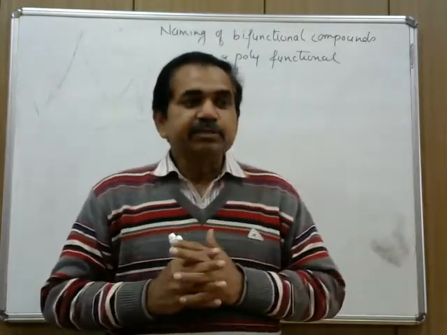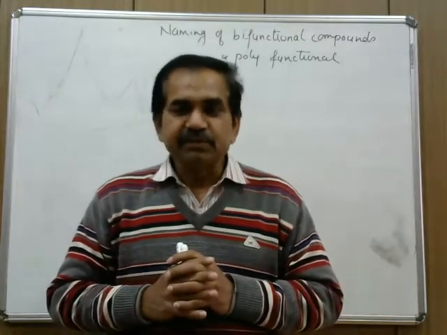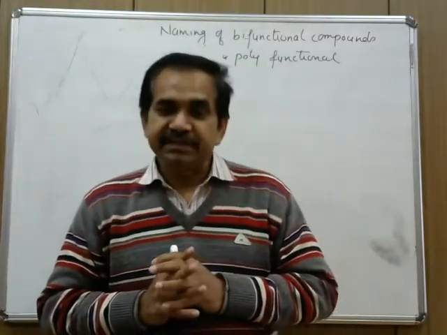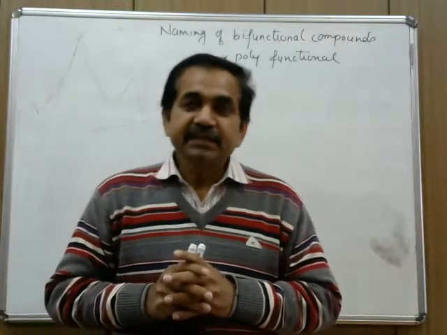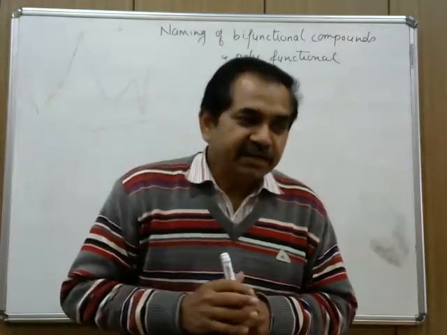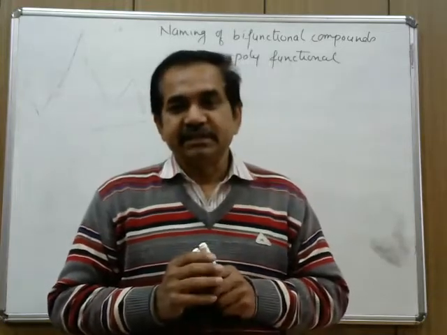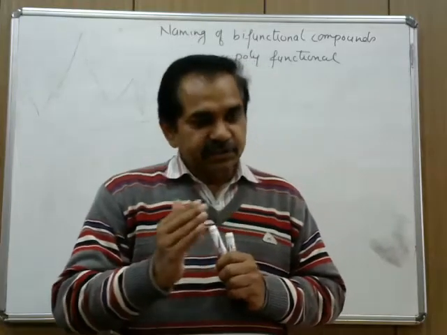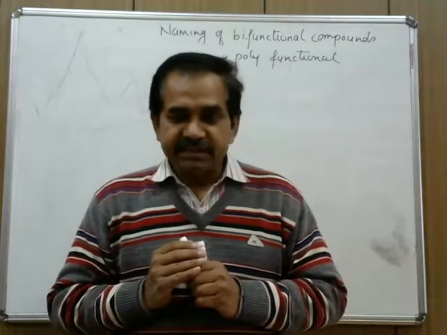Now, which functional group is treated as the principal functional group and which one is treated as a substituent? For this we have a priority table or a seniority table in which different functional groups are arranged in decreasing order of their priorities.